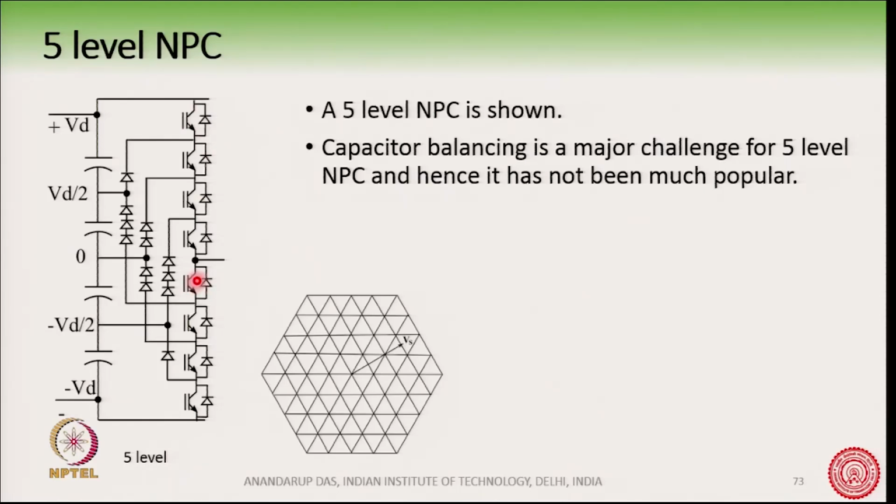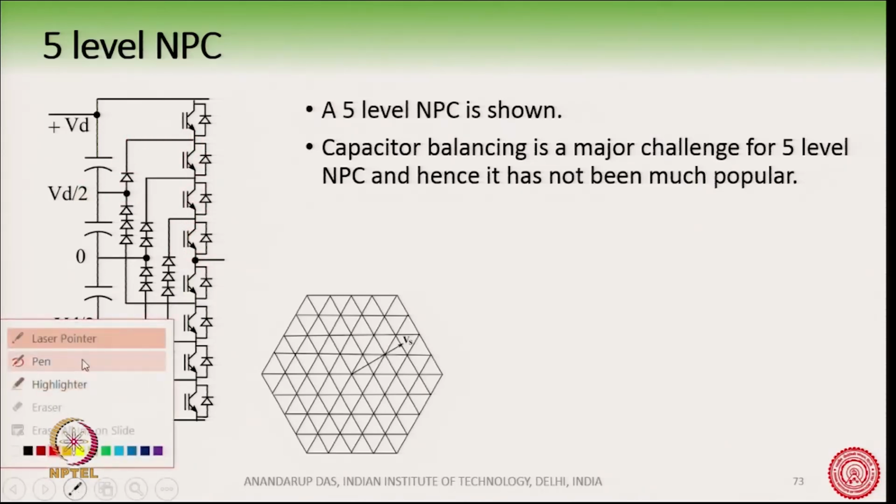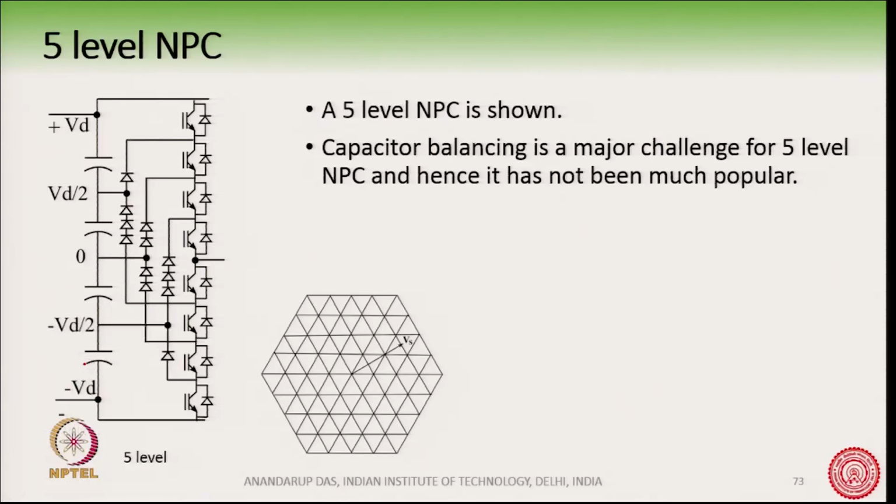So, if we do that, then what happens? The current will flow this way. So, for Vd voltage, that means the voltage of A with respect to O, we will turn on these 4 switches.